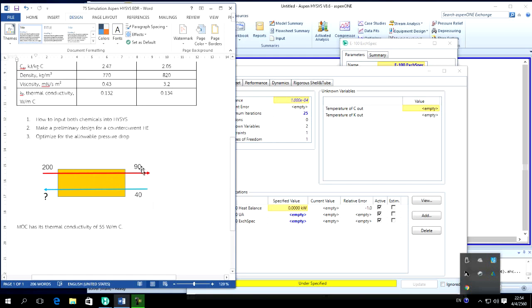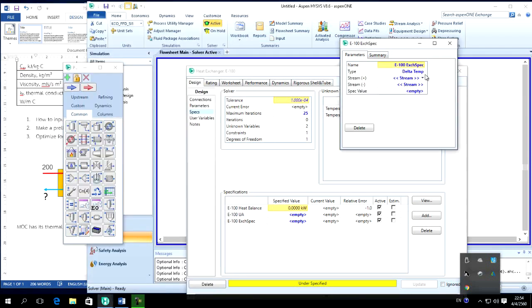And then we found that the outlet of the kerosene has a temperature higher than the inlet of the crude oil by 50. So I used the temperature difference and put that for the kerosene outlet and the crude in at 50 degrees Celsius.